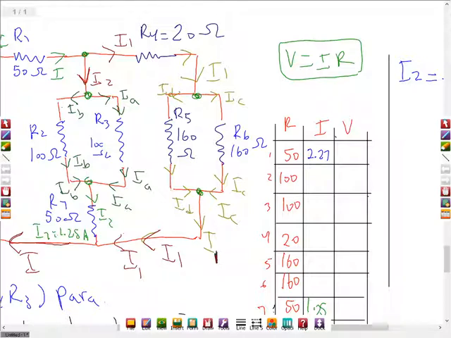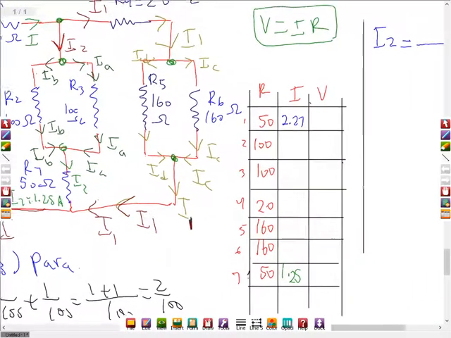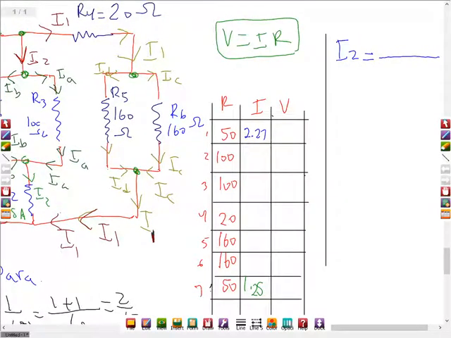Which is the equivalent of R2 and R3. Because why we choose this one? When we're looking for a branch current, in the denominator we put where the branch current goes to, only R2 and R3 and end up at A and B, right?